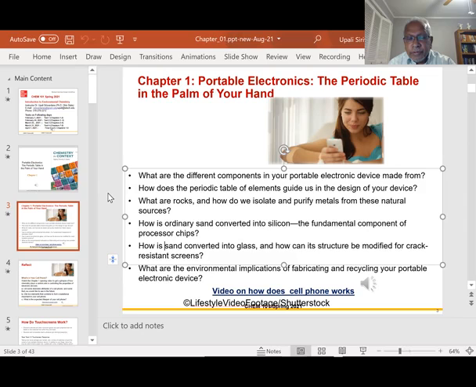We also look into the environmental implications of fabricating these compounds, different materials in the production of cell phones, and how recycling of portable electronic devices could be done. So that's the basic idea that we're going to cover in this chapter.